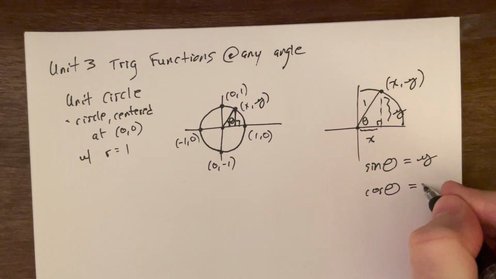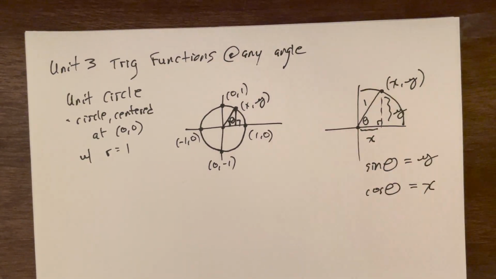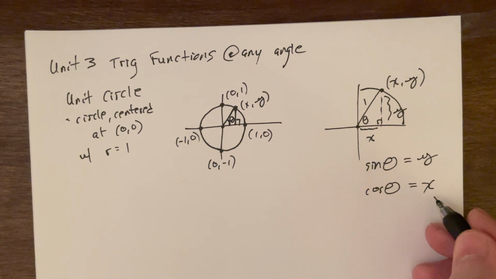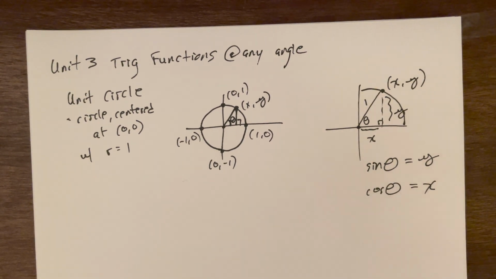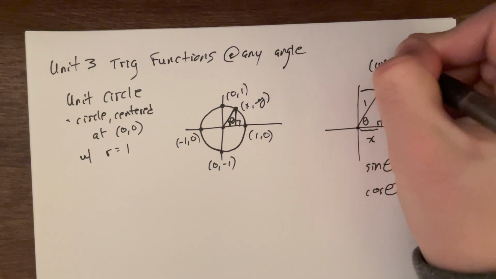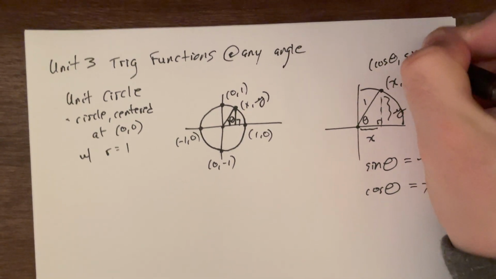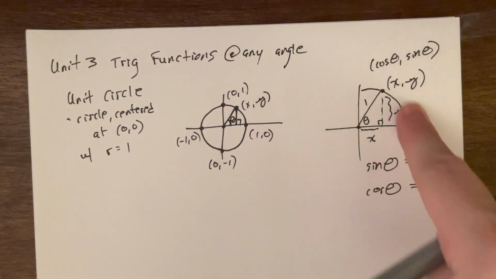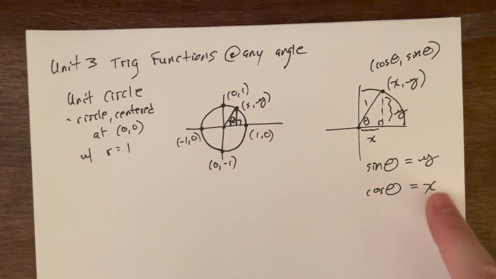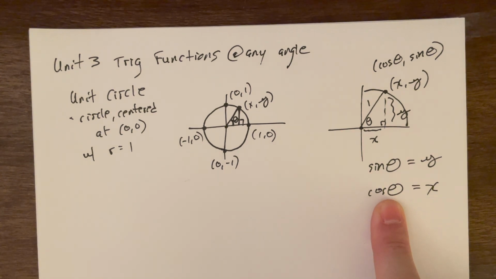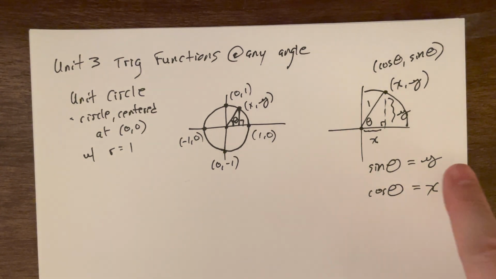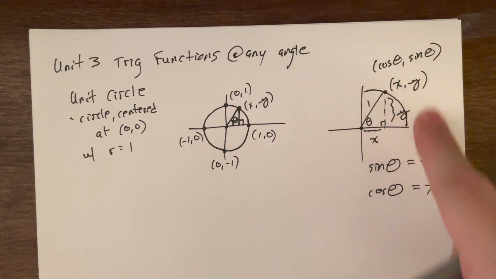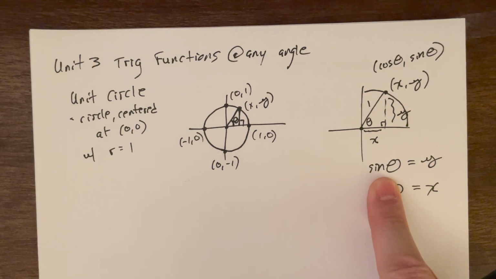The adjacent side is x, the hypotenuse is 1, so x over 1 equals x. That may not seem like a very big deal, but what that shows us is that for every XY pair on the unit circle, x directly corresponds to the value of cosine at angle theta, and y directly corresponds to the value of sine at angle theta.